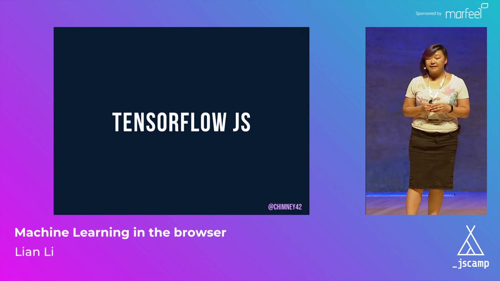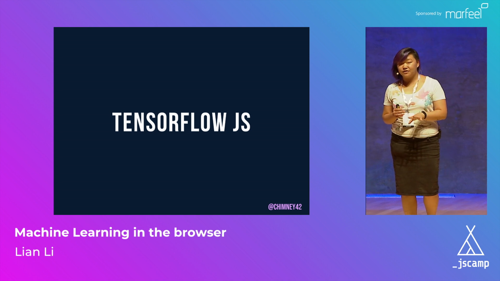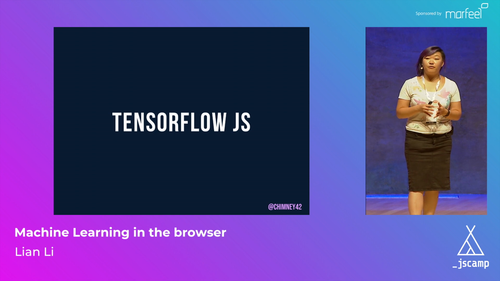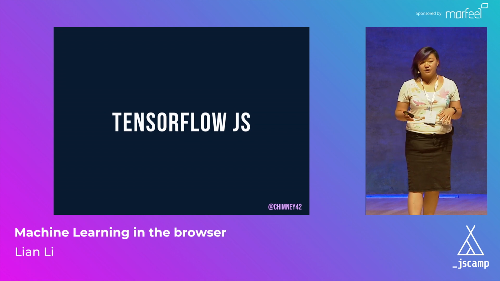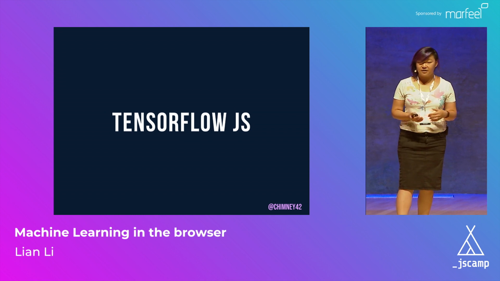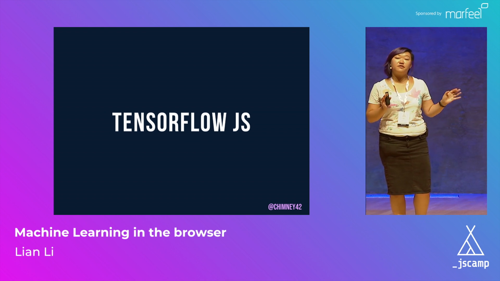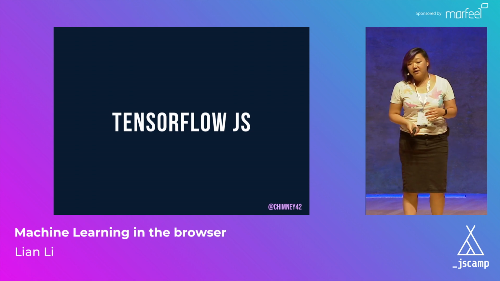So the nice thing about TensorFlow.js is that it runs in the browser, and it utilizes WebGL, so we can actually use our graphics cards for calculating all our predictions, which means that we can be much, much faster when we train our model, because we're able to do a lot of parallel calculations, and we don't have to do everything sequentially.